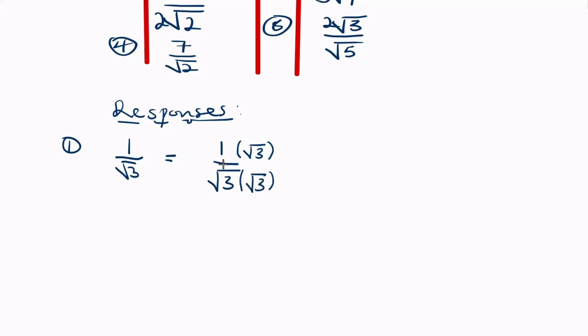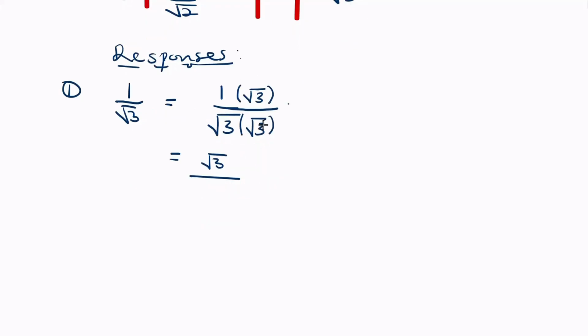So here we have not changed the meaning of the expression, meaning that in the next step we are going to have 1 multiplied by the square root of 3, which is the same as the square root of 3, divided by root 3 multiplied by root 3, the same as the square root of 3 squared, whereby the root cancels with the square, such that we have root 3 divided by 3.